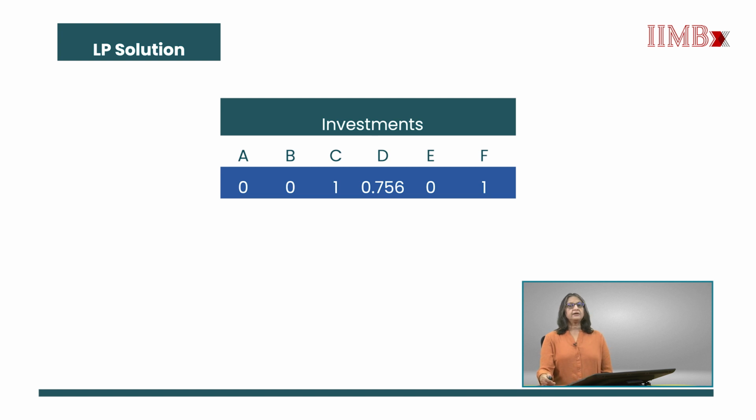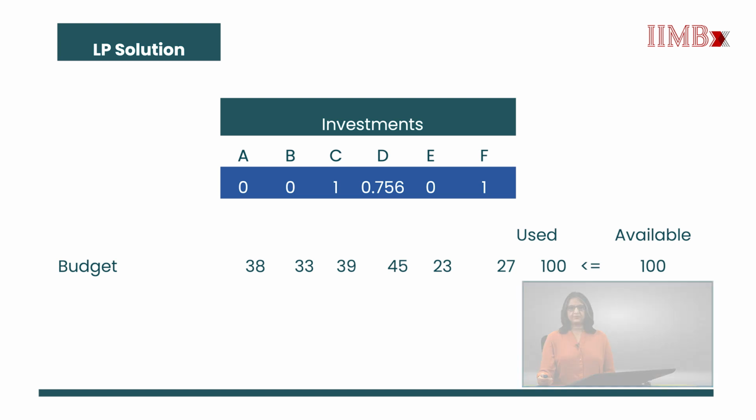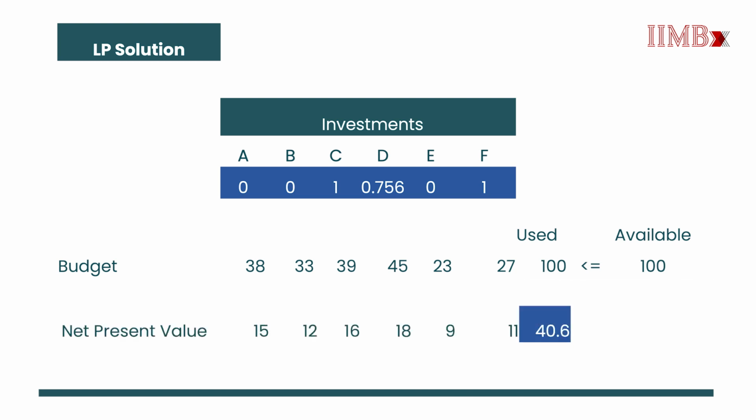We can't really round that up to 1 either, because then we will fall short of capital. So with this, the net present value comes out to be 40.6, but it is not a valid solution. So therefore, impose the integer restrictions, the binary variable restrictions, and then solve again and see what you get.